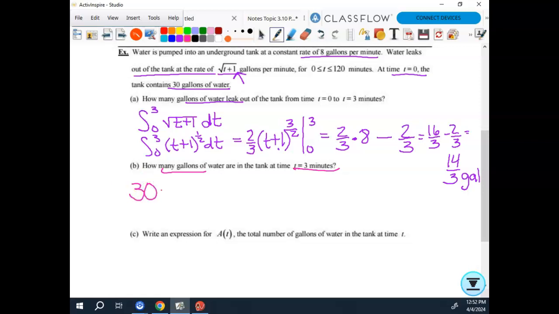And then I'm going to have to subtract from that how much has leaked out, which is this integral that we just found, 14/3. Am I going to have to add anything to it? Water's being pumped in, right? Plus the water that's being pumped in, 8 gallons per minute, so that would be 8 times what? 3. And then that would give it to you. Okay? All right, we good? All right, good deal.